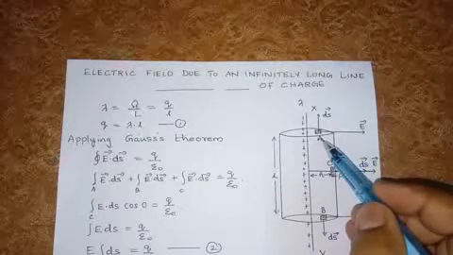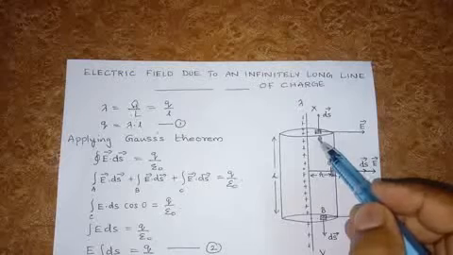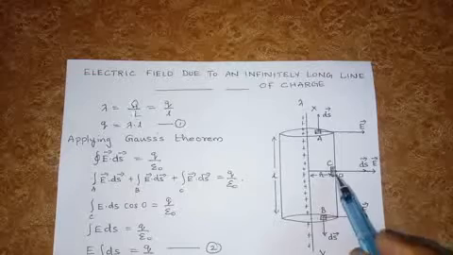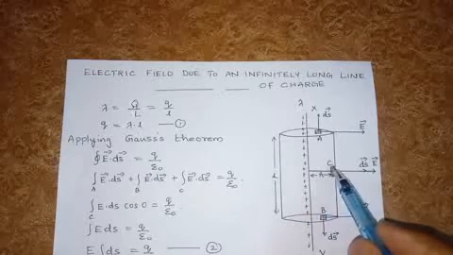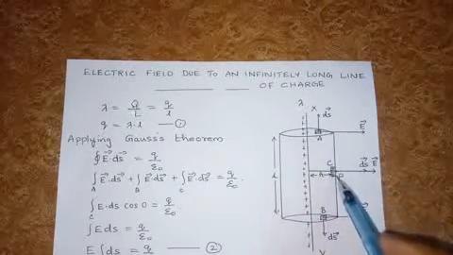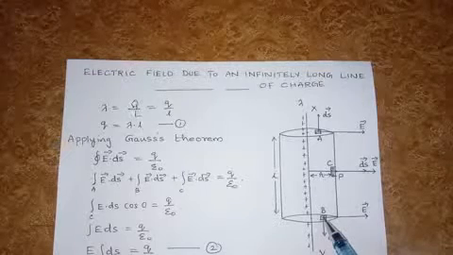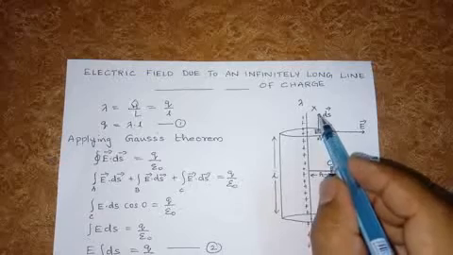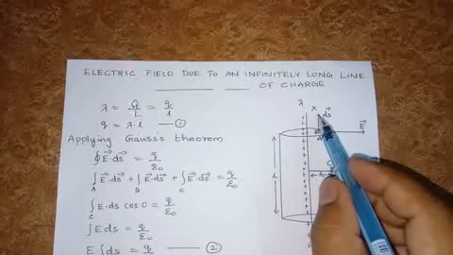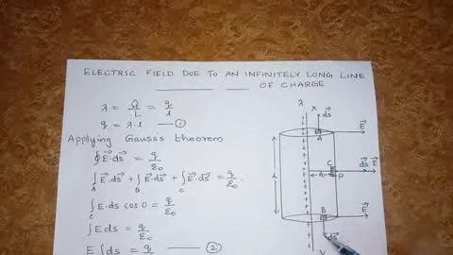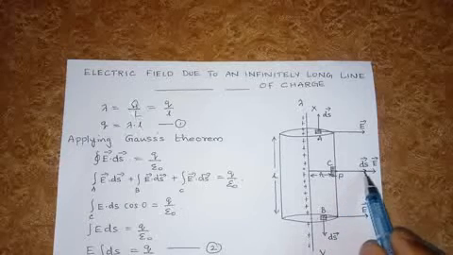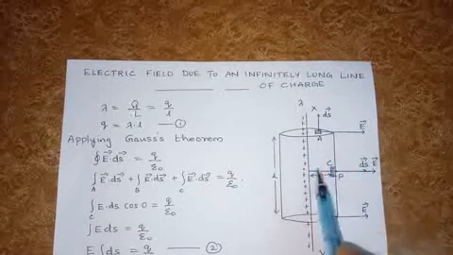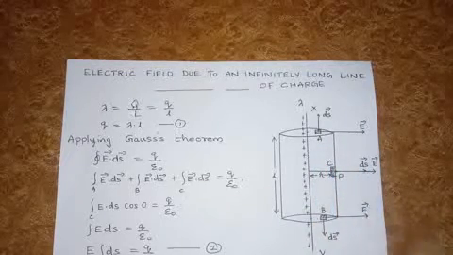The first end surface is denoted by letter A, the second end surface is denoted by letter B, and the curved surface is denoted by letter C. So I am taking equal elemental areas on A, B and C. You already studied that area vector is perpendicular to the area. So area vector will be like this here, like this here, and like this here. Since it is positive charges, electric field will be like this, radially outwards.